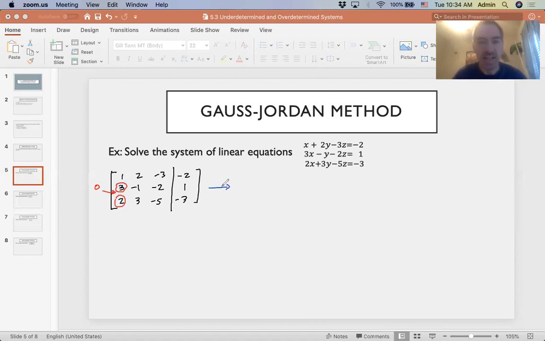We do that by adding the additive inverse to row 2. That would be a -3 times the row with a 1. All right, so -3 times row 1. And row 3 minus 2 times row 1. All right, so row 2 minus 3 times row 1: 0, -7, 7, 7.